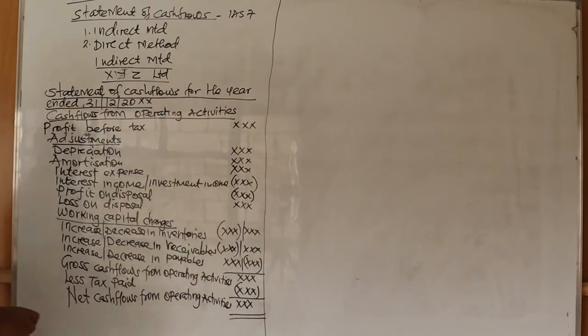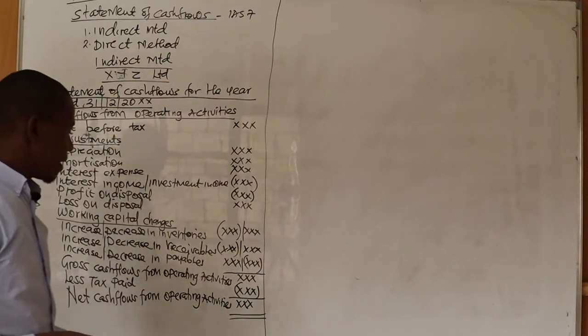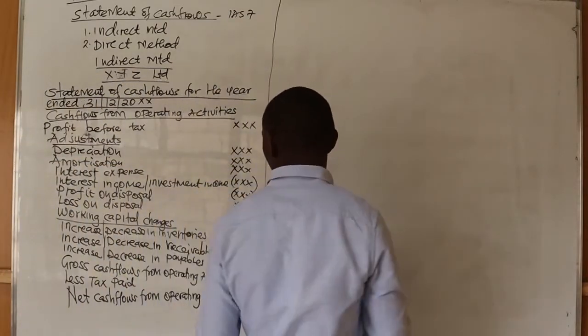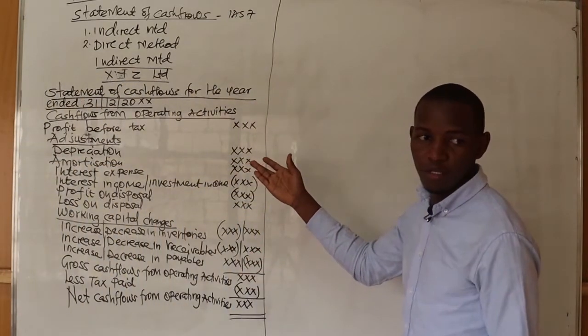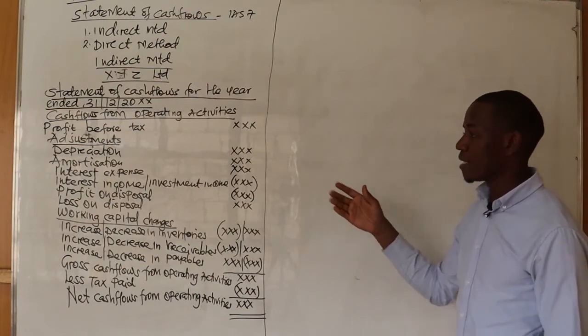That is the net cash flows from the operating activities. So that is on the part of the cash flows from operating activities.